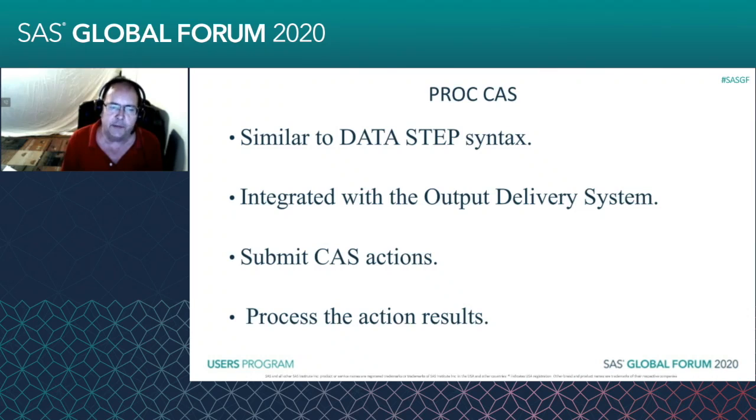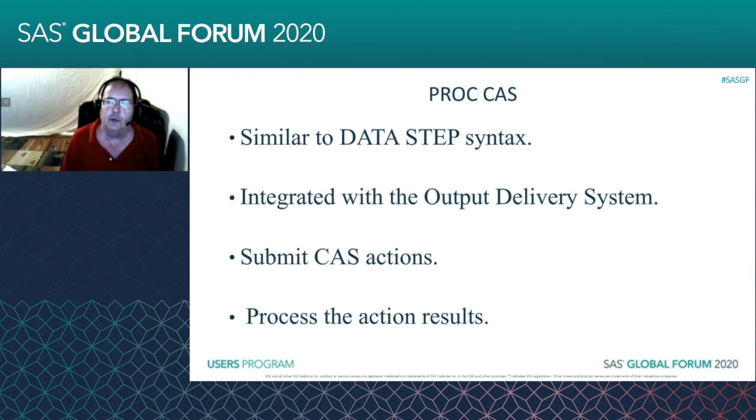In ProcCAS, we made it very similar to DataStep. We can't say it's identical because we needed so much more functionality. So it's similar. When you look at the interface, it's similar. That's all we can say. But it is integrated into our output delivery system.